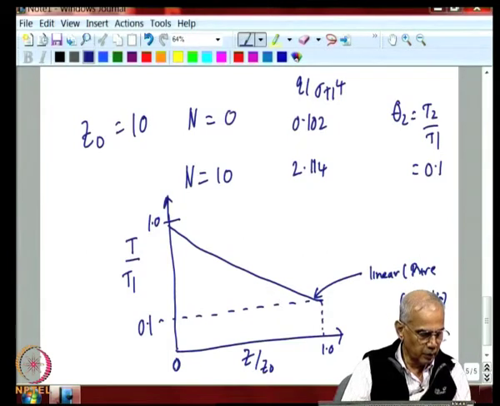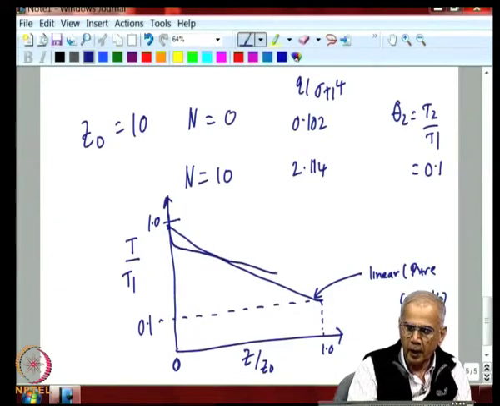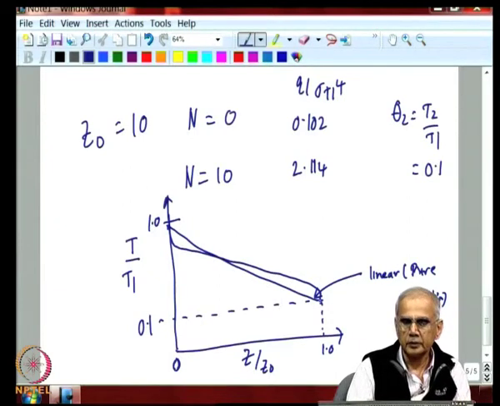However, when we have radiation, as you recall from our previous discussion, there is a slip. So, the temperature profile will look like this and will go like that. Okay.